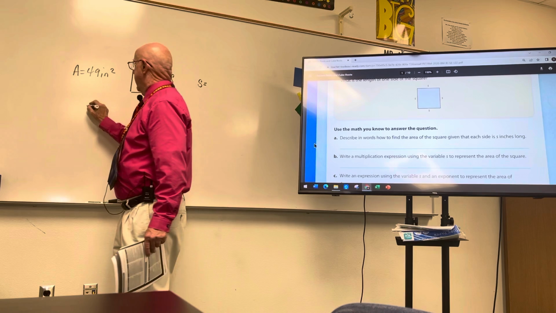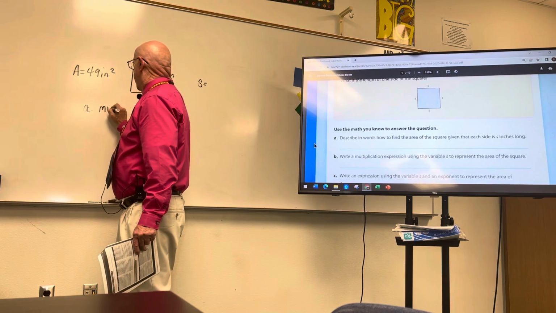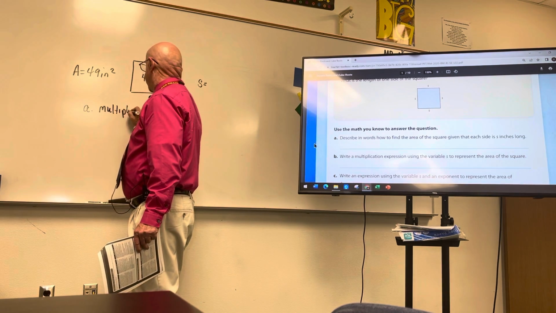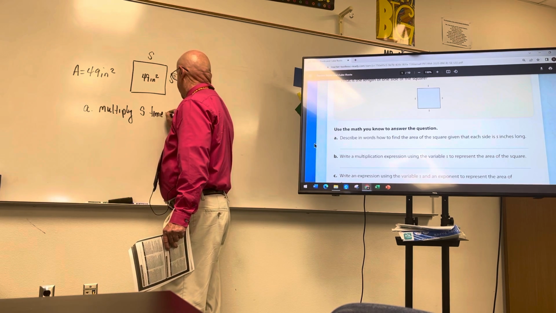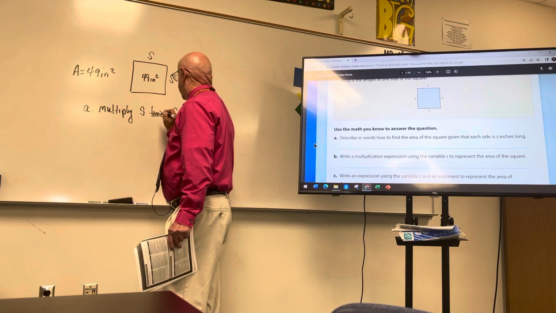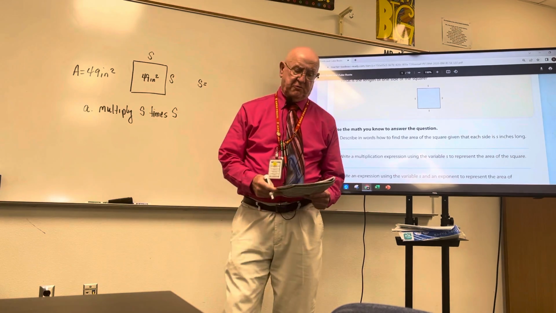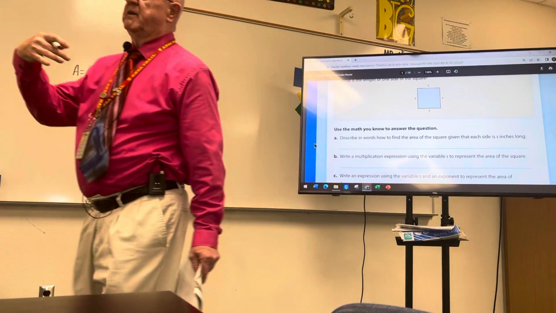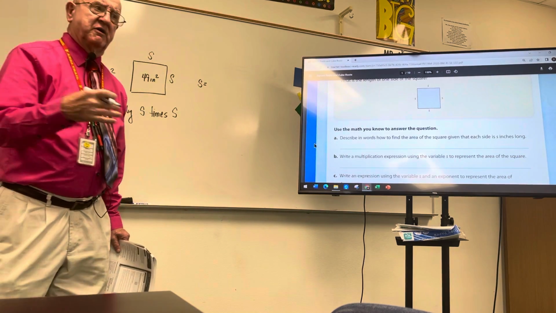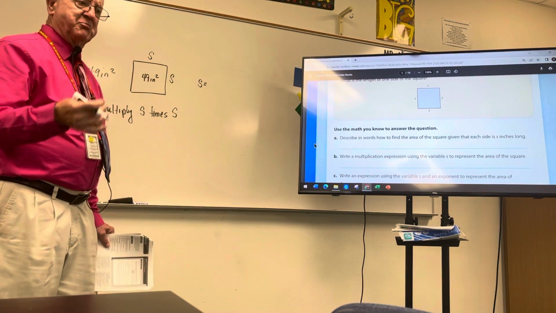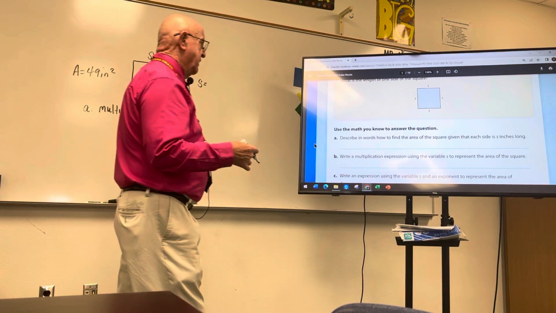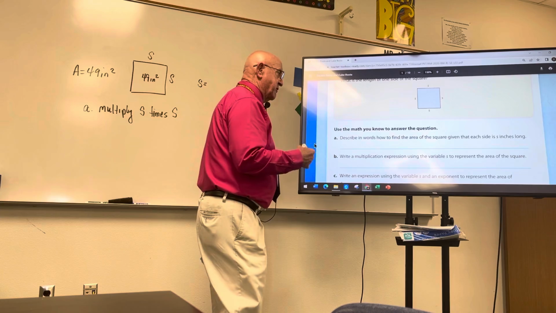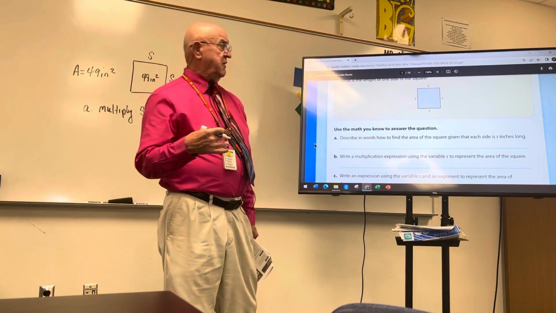So the answer to A in words is multiply s times s. We know that a square is length times width, and since both sides are the same, it's going to be s times s.